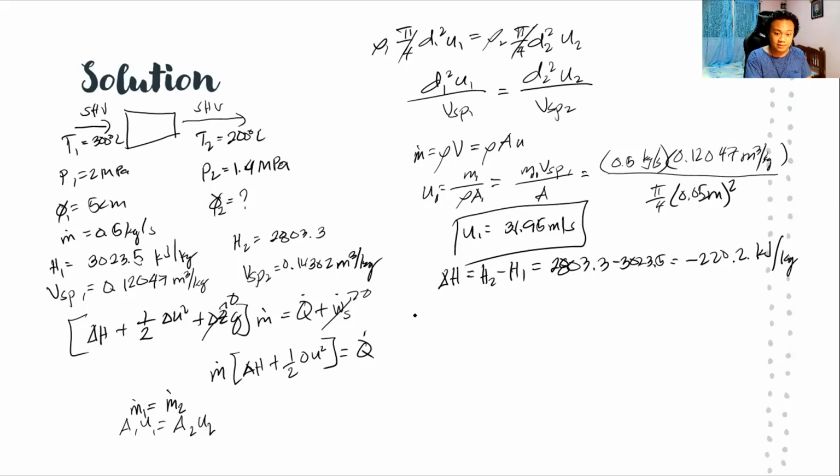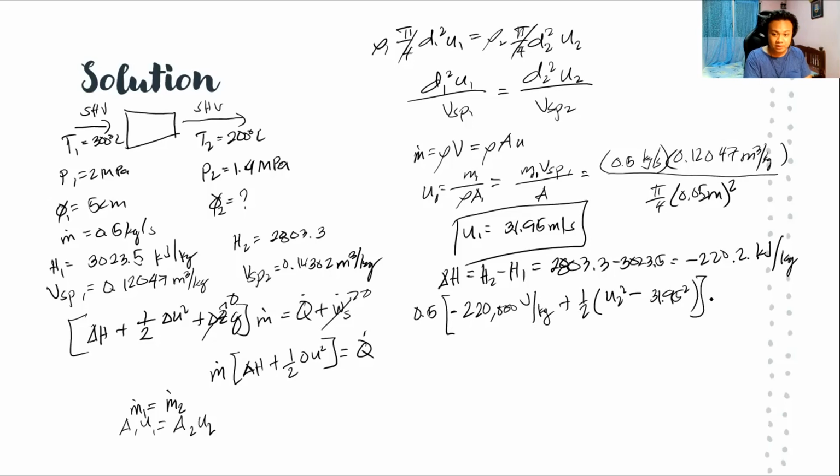So let's go through the solution. 0.5, this is the enthalpy difference, joules per kilogram, plus 1/2 times the U2. We have U2 squared here, and then we have 31.95.